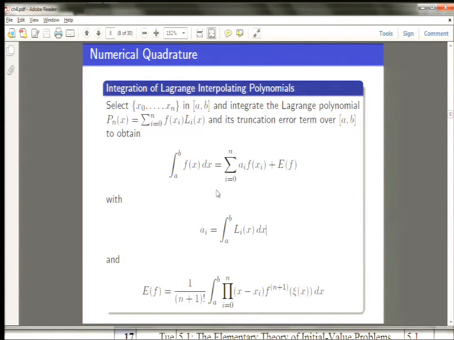Plugging in x0, x1. When you plug in x1, you kill it. So this is just equal to 1 over x0 minus x1 times minus x0 minus x1 squared. I know you think it's a lot of work for something we already know. And now we kill one of those. It ends up being minus x1 half.